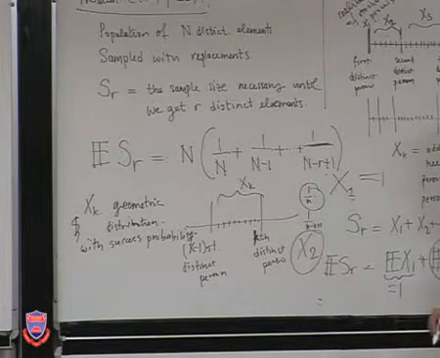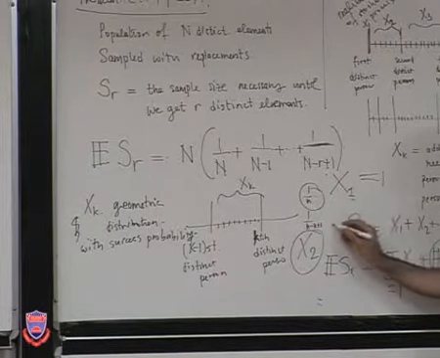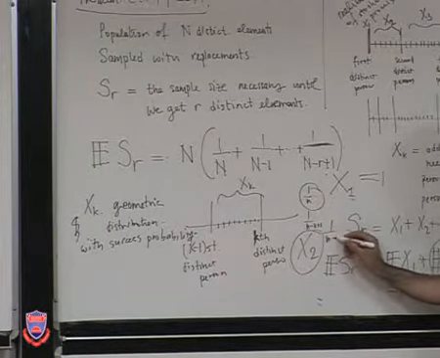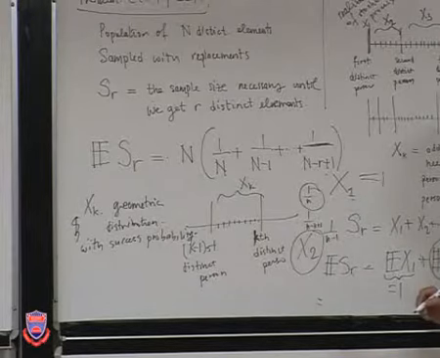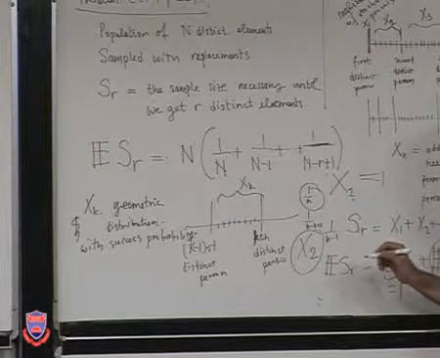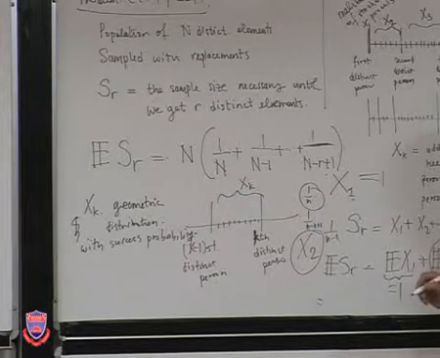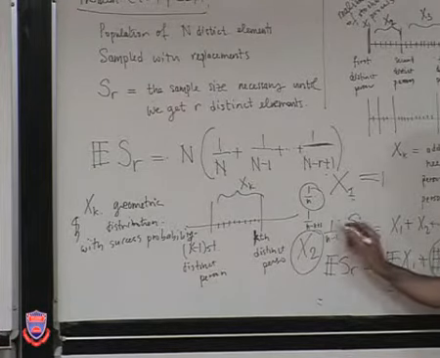What is the success probability for x2? 1 over n minus 1. Why is that? Because we have already chosen someone, separating the chosen ones from the remaining set.